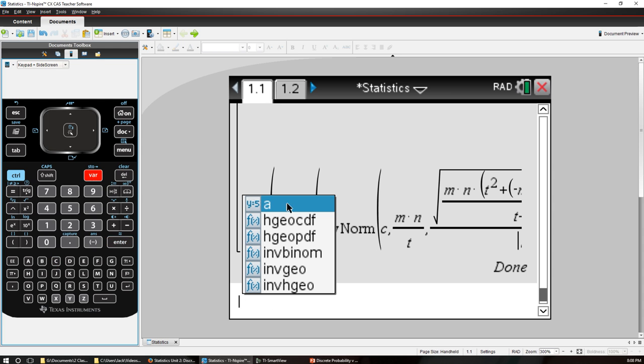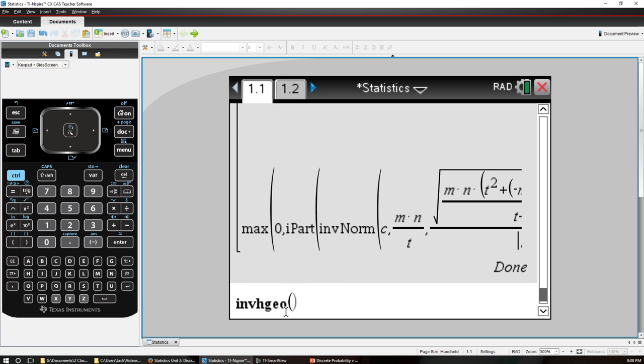Okay, so now let's go here and inverse HGO. Let's try it again. Population size of 200, 50 successes, sample size of 20, and we want to see when the probability first gets to 0.9.